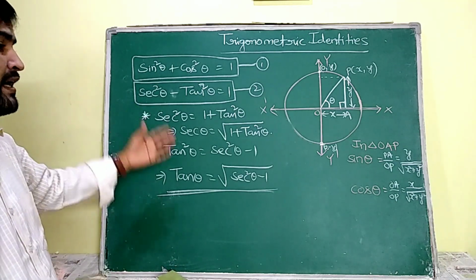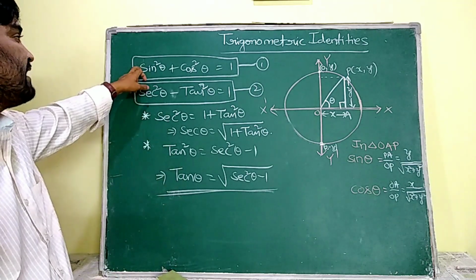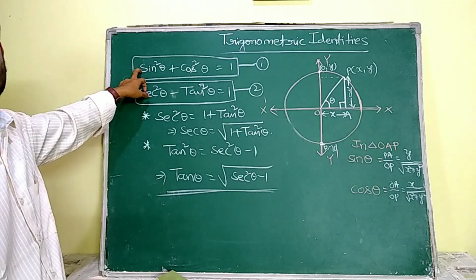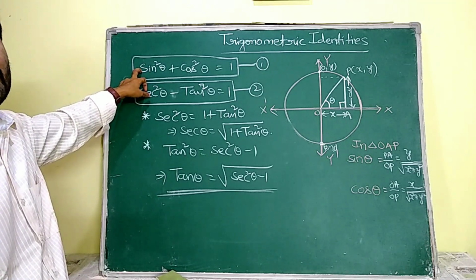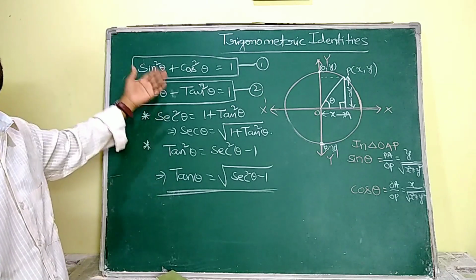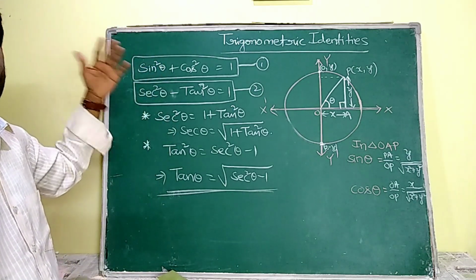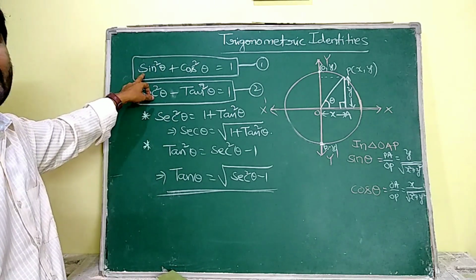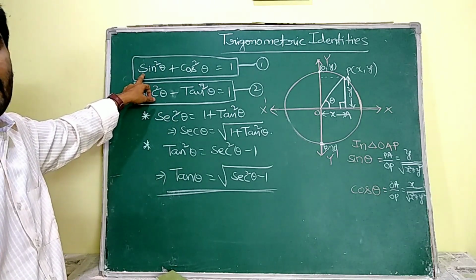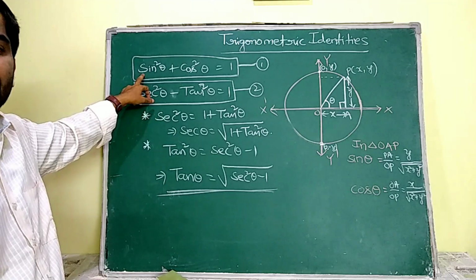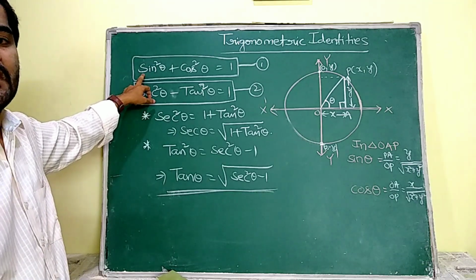Listen. For obtaining the third identity, I am going to divide equation 1 with sin square theta. Again we are going to follow the same old procedure which we followed for identity 2. So for dividing identity 1 with sin square theta, I have to check at which values sin theta becomes 0.